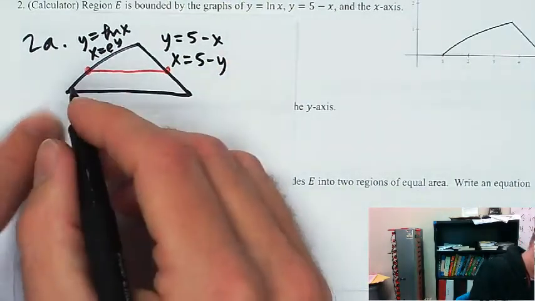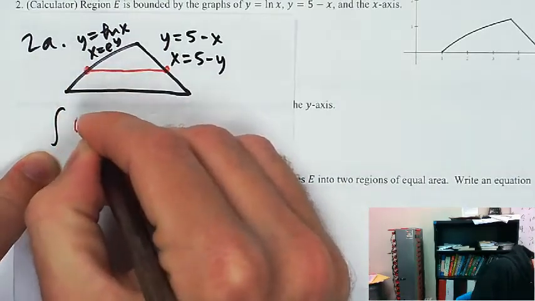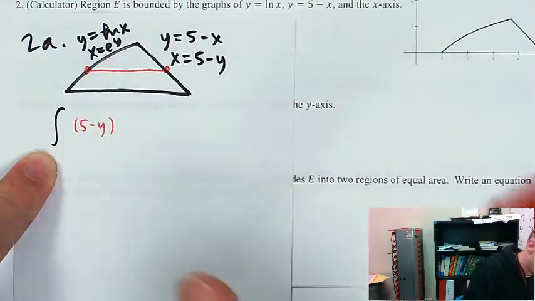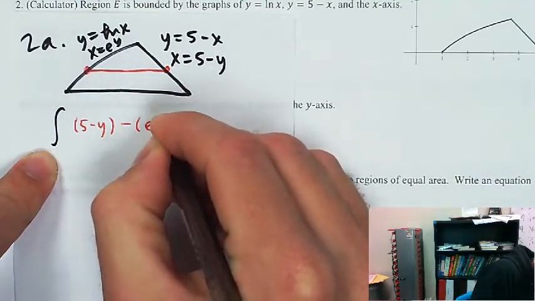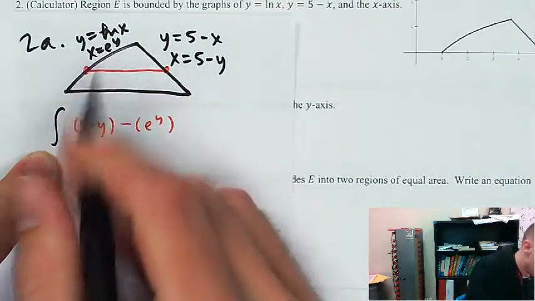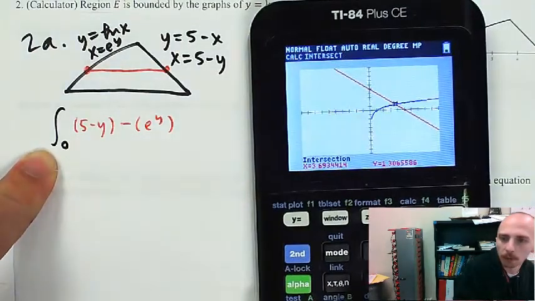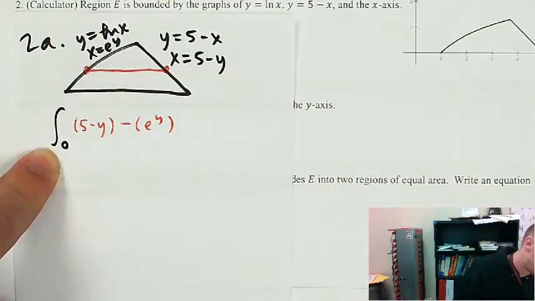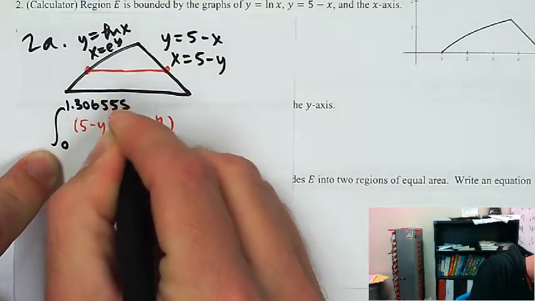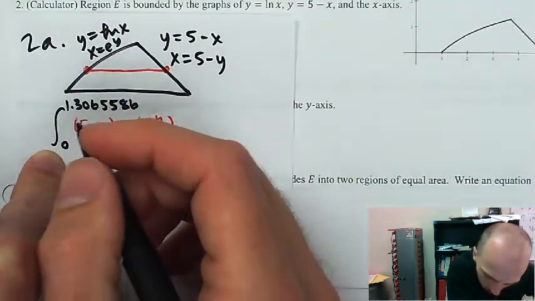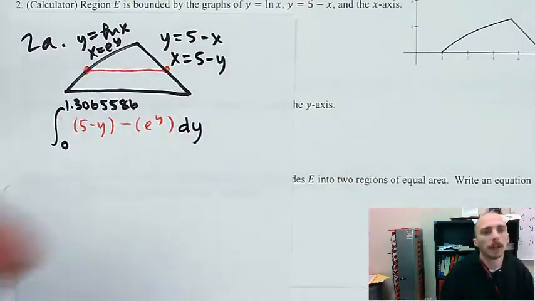So my right minus left is going to be 5 minus y minus e to the y. And then y is going to run from 0 up to this 1.3065586 number. And we're going to integrate that with respect to y.